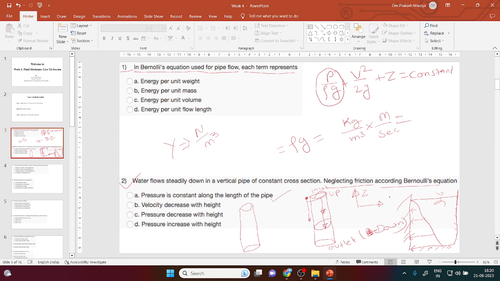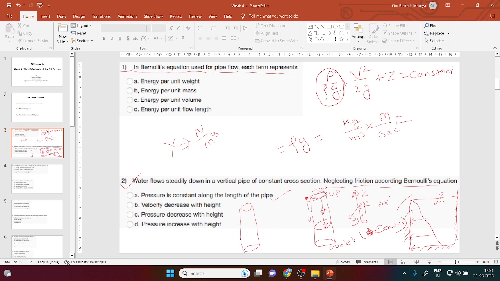This is the z axis, x axis and y axis. Let's assume your pipe is at that location and you are starting from the 0, 0, 0 coordinate: x is 0, y is 0 and z is 0. You are starting from here, your height is increasing, but negatively; forget about the negative sign, just think your height is increasing from inlet to outlet.